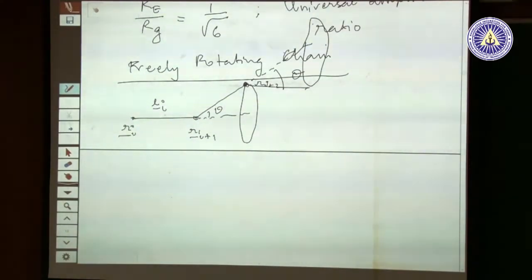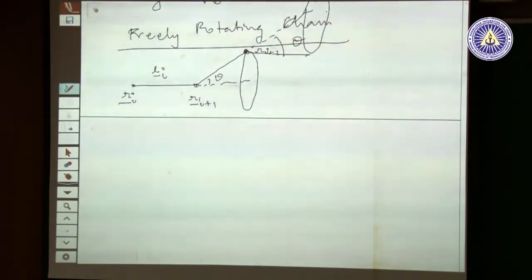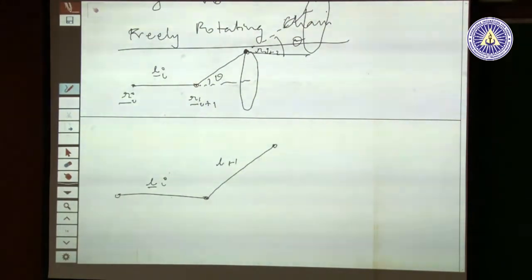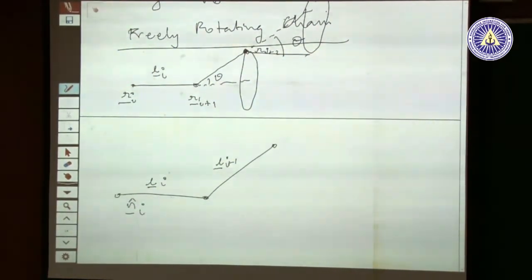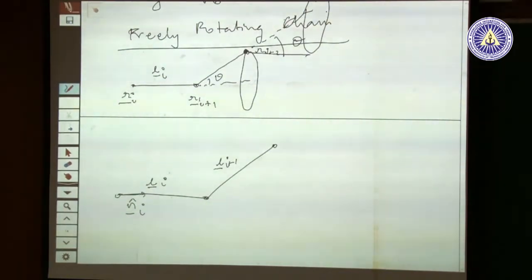So for instance, let's draw this again and lay some notation here. So I've got Li, and let's say this is Li plus 1, and I will denote n hat i as the unit vector in this direction, and n hat i plus 1 as the unit vector along Li plus 1.